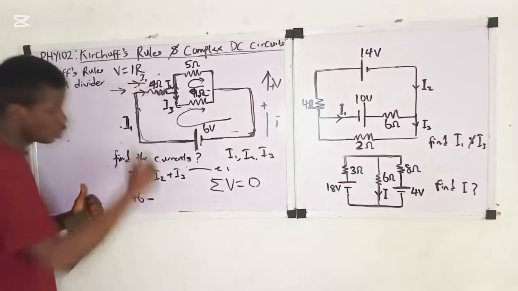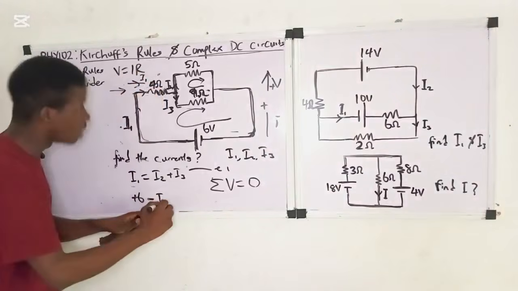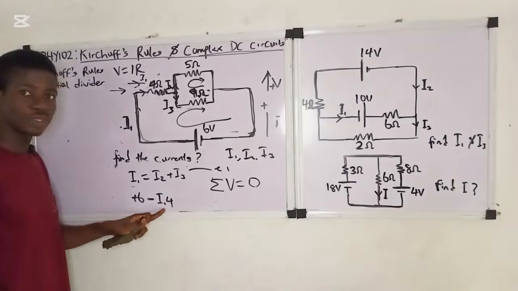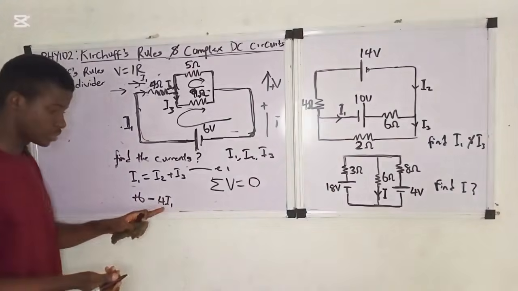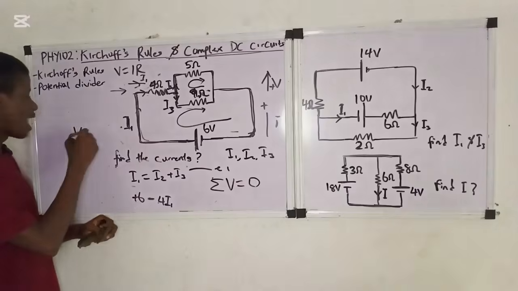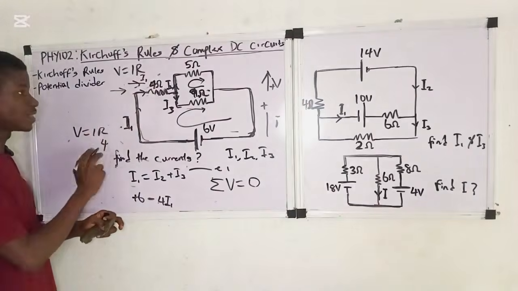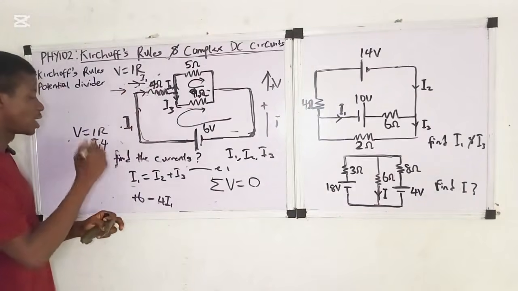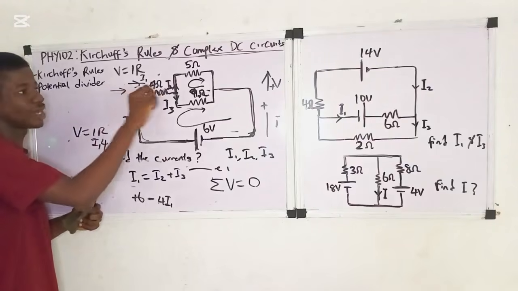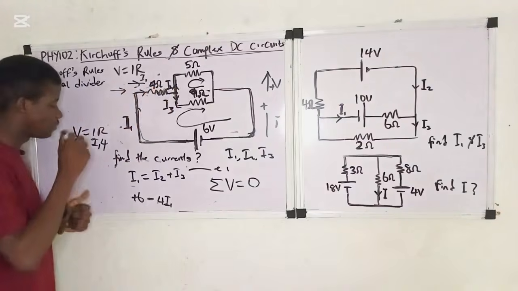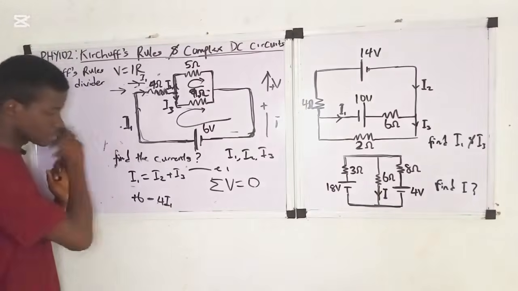So the I here will be I1, and the resistance is 4, so we have 4I1. Remember, V equals I times R. The resistance is 4 and the current is I1. Since we are moving in the same direction as the current across this resistor, the voltage will be negative, so that's why it's minus 4I1, right? Yes. So then let's continue.